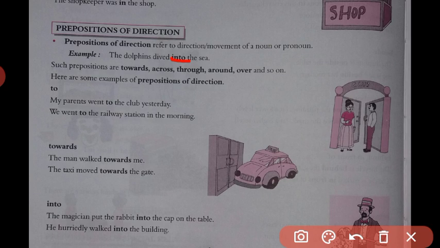See, such prepositions are towards, across, through, around, over, and so on. Here are some examples of prepositions of direction. See that. First is to. My parents went to the club yesterday.